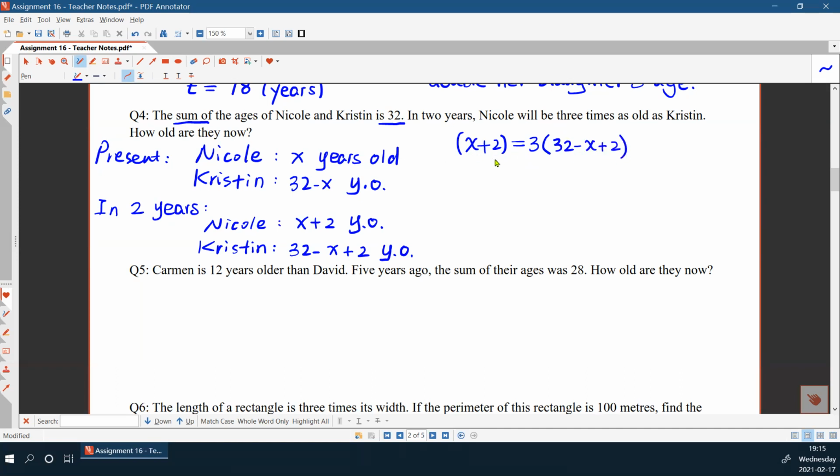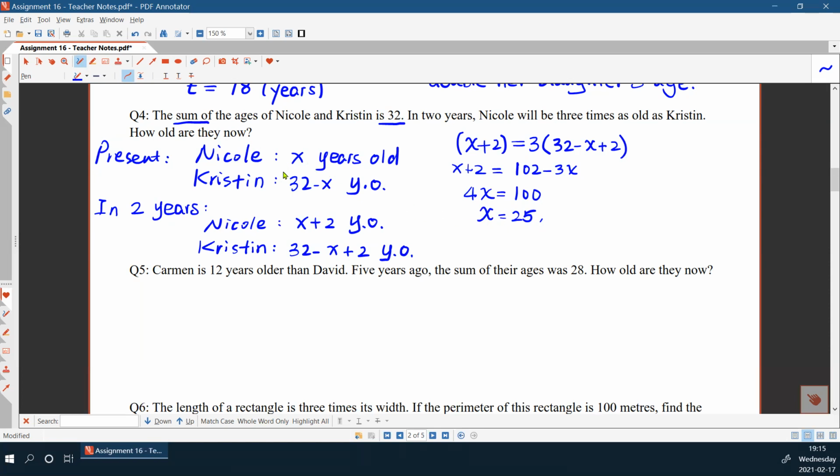And from this equality relationship, we can solve our X. Okay, 4X equals 100. That means X is 25, right?